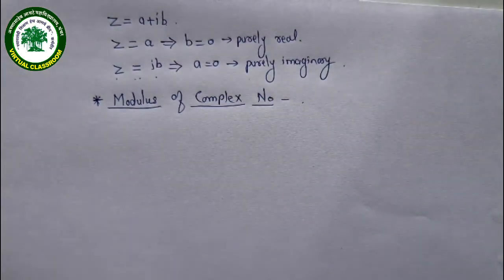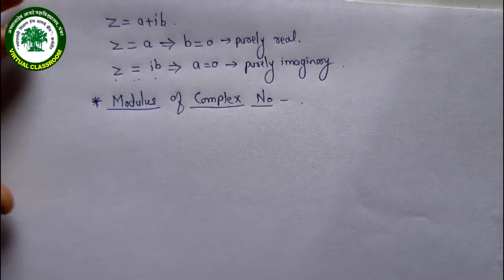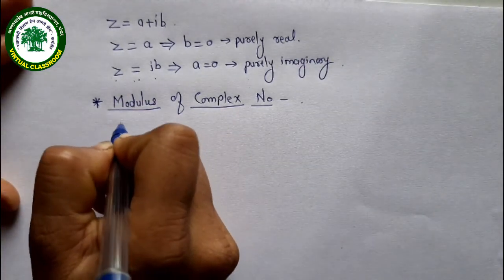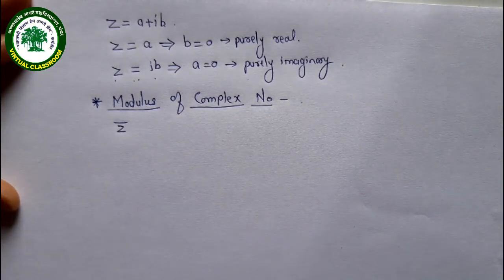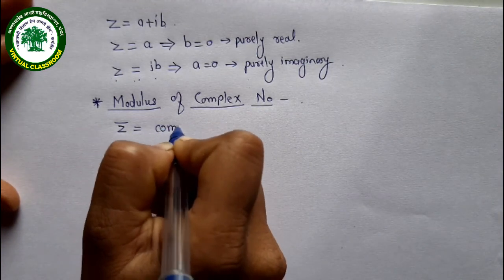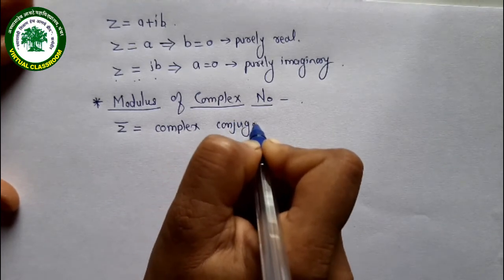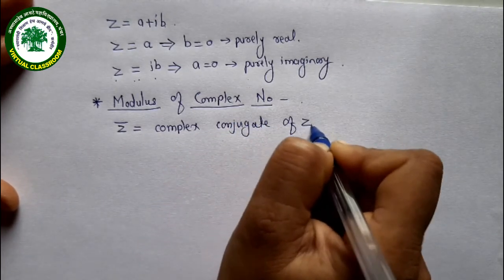Since we have z equal to a plus ib as a complex number, we are going to define the complex conjugate by writing a bar on top of it. So z bar is nothing but the complex conjugate of z.